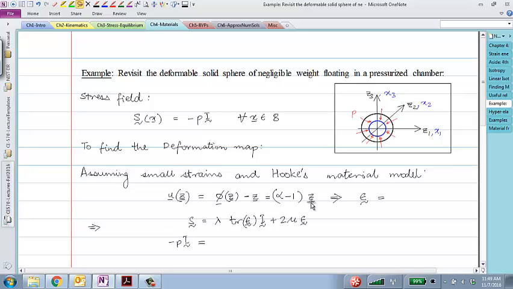Alpha minus 1 times identity, right? Gradient of z with respect to z is the identity tensor. And since the gradient of u turns out to be the identity itself, which is symmetric, half of grad u plus grad u transpose is nothing but gradient of u in this case, which is this.